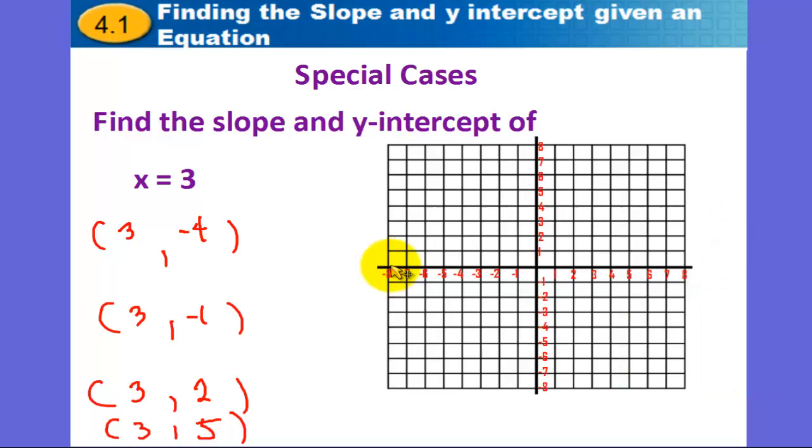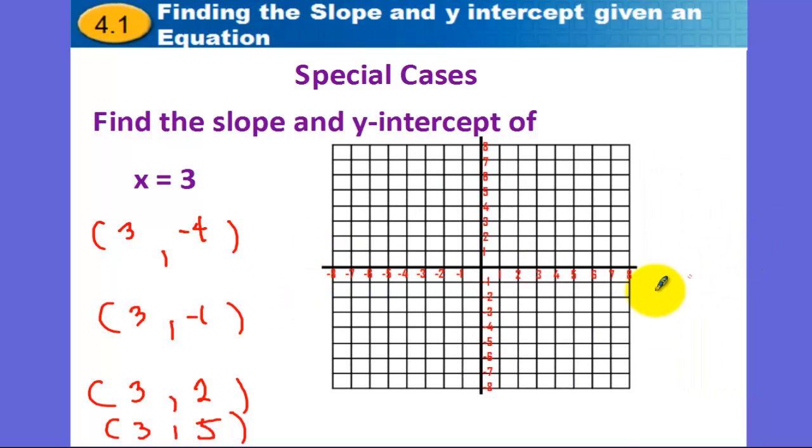So let's try to plot these 4 points. 3 comma -4 is over here. 3 comma -1, 3 comma 2, and 3 comma 5. If I connect these 4 points, I have a vertical line.